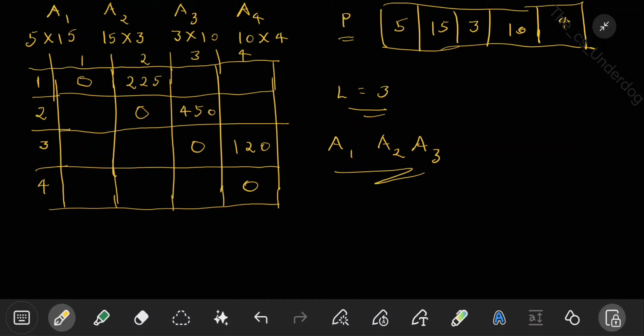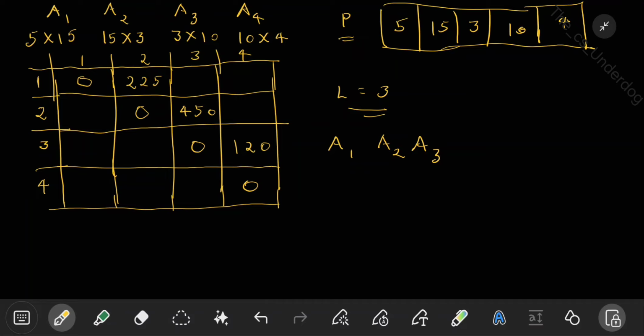When you have these three matrices, the difference from previous approaches is that previously you didn't have any split. But in this case, because you have three matrices, you have a possibility of a split. Either you can split here, first find A2, A3, then multiply with A1, or you can split here and find A1, A2 first, and then multiply with A3. These are the two possibilities.